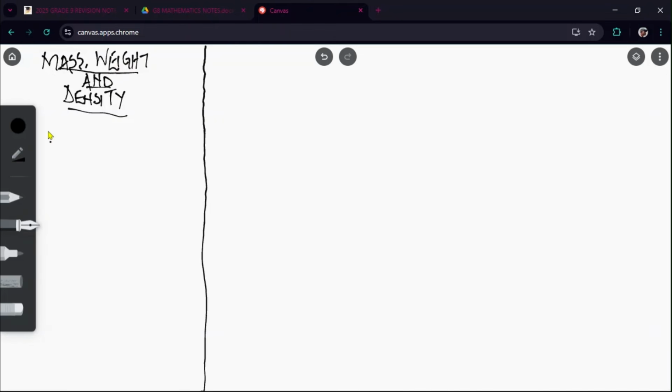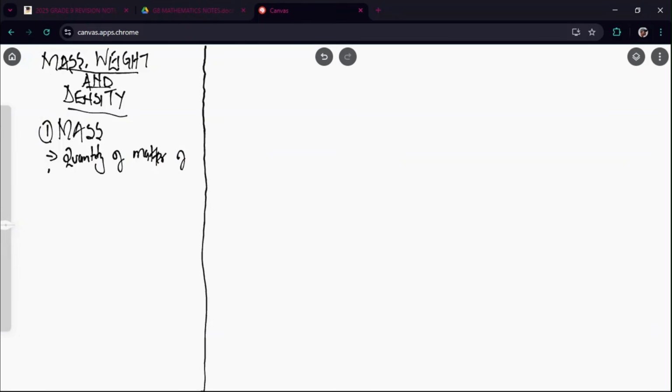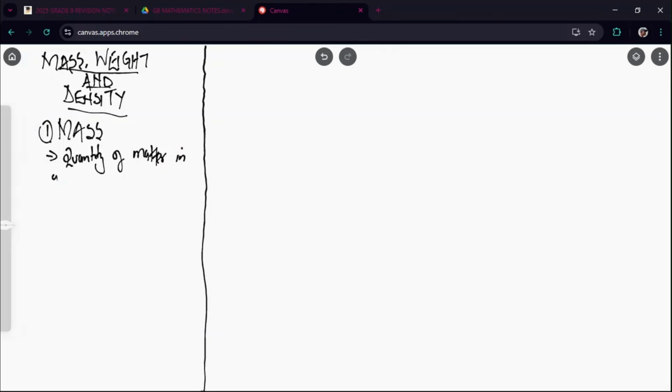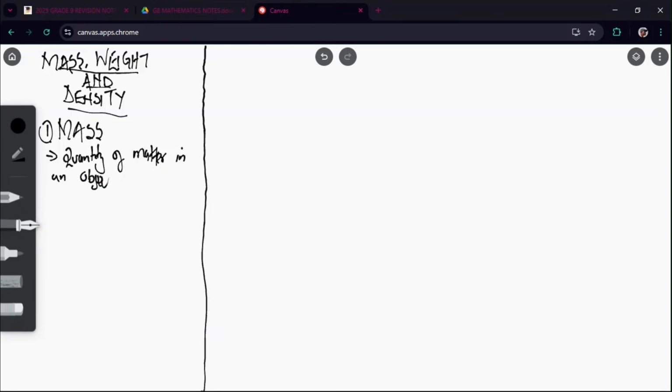So without taking much time, let us begin with the first area, which is mass. If I am to define what mass is, mass is simply the quantity of matter in an object.